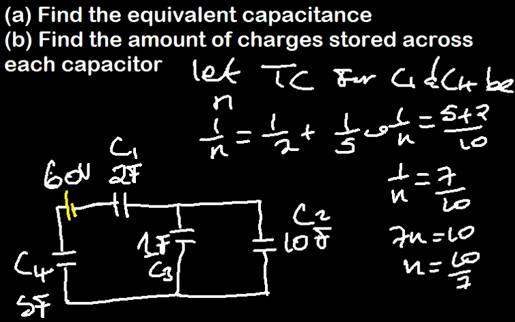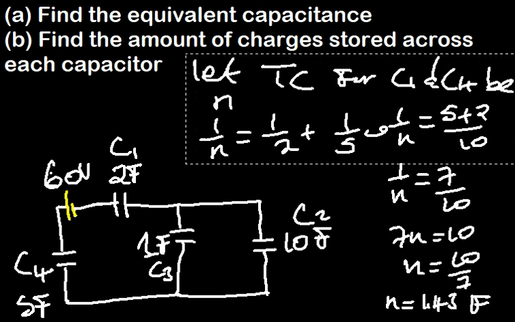So 10 divided by 7 is 1.43. So N is equal to 1.43 farad, for those that are in series.